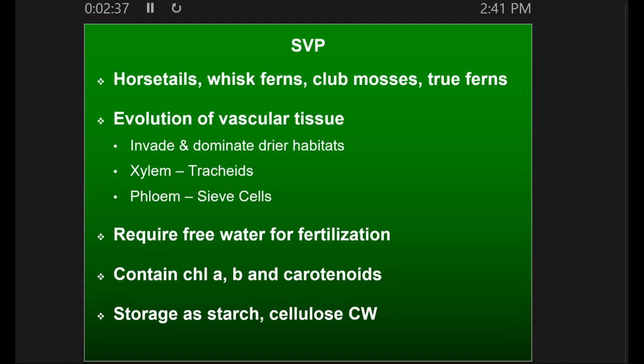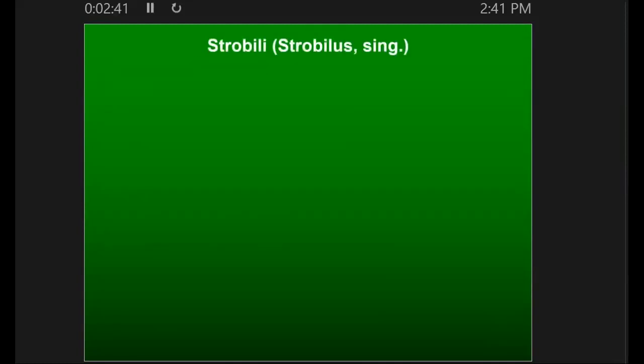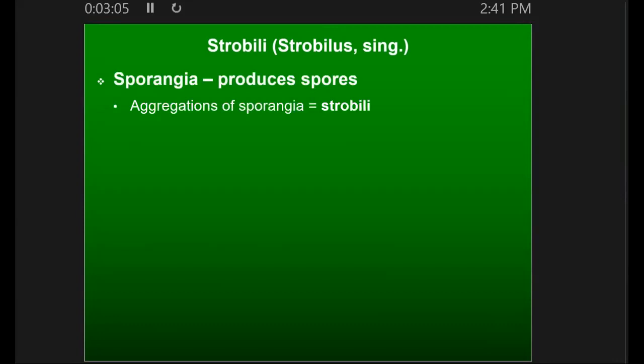And then we still see that spores are being produced. The bryophytes produce spores too, that they release out to their environment to colonize new land. The seedless vascular plants do that too, but they tend to cluster all the spore areas into one physical location, and we call that a strobilus. A strobilus is just clusters of sporangia.